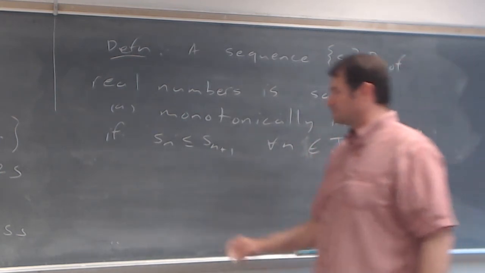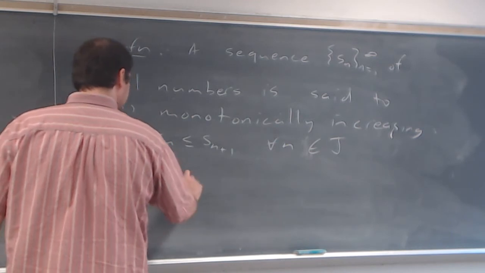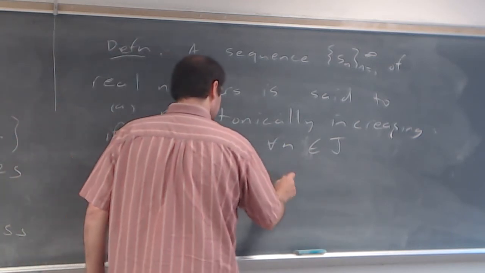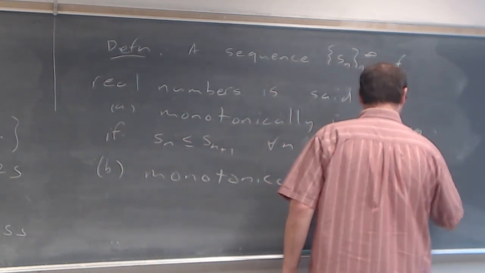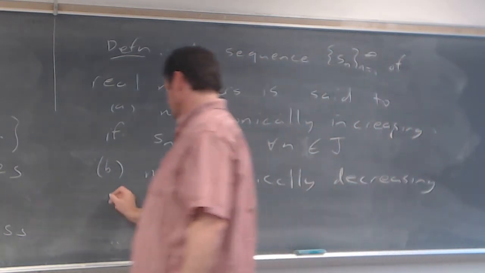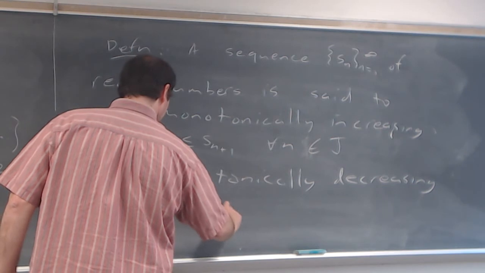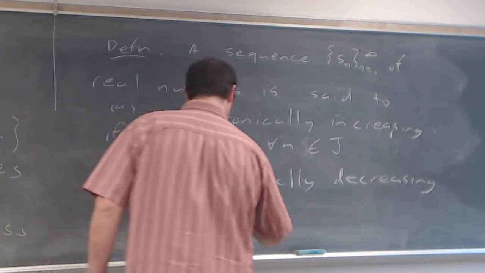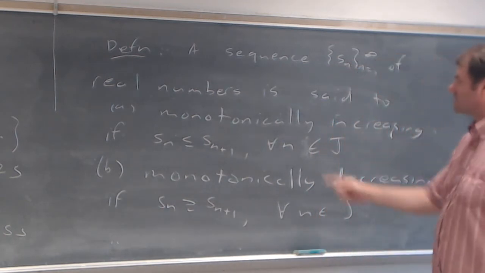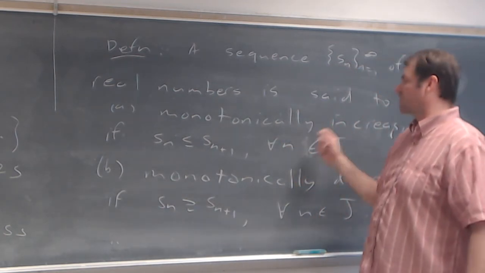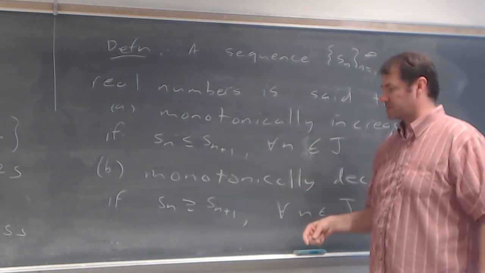And part B, monotonically decreasing if S sub n is greater than or equal to S sub n plus 1, and that's true for all n element of J. Okay, so in this setting, hey look, you're monotonically increasing if you never get smaller as you go to the right, further along in the sequence.